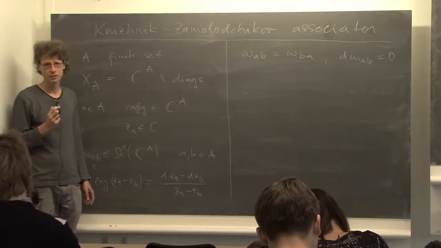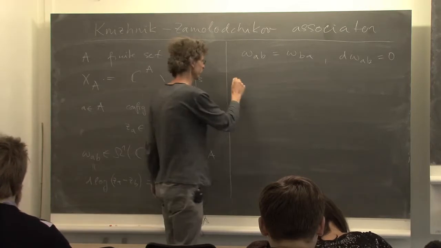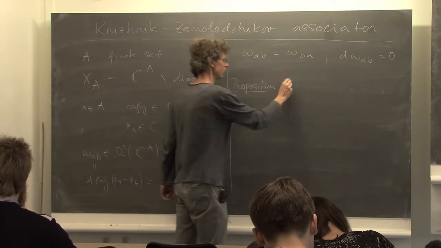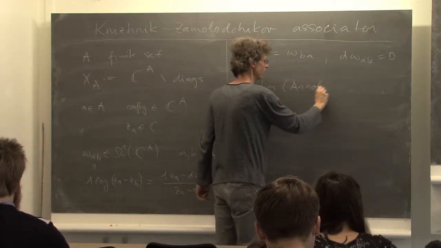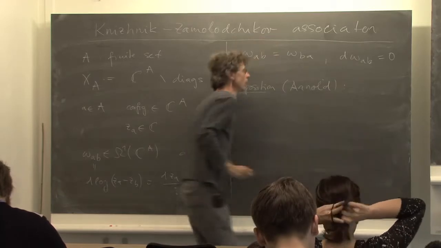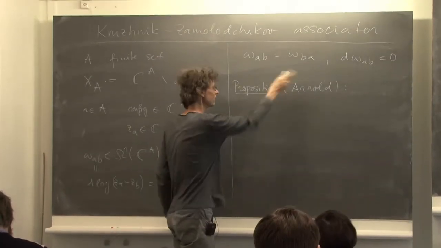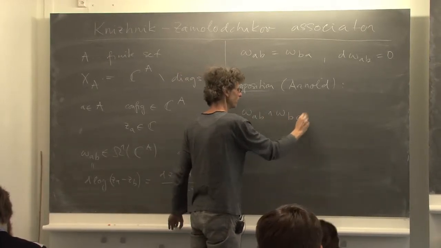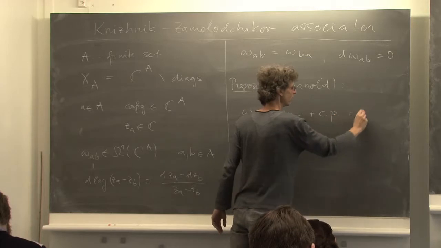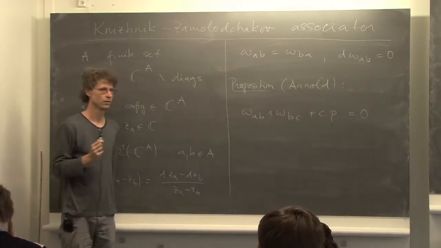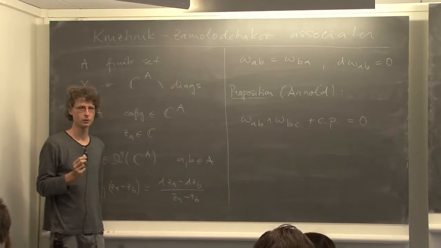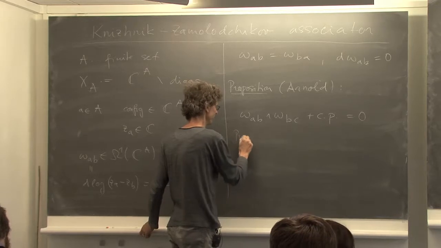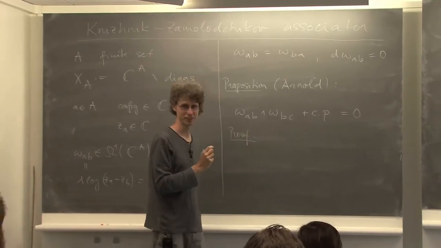And it satisfies one slightly less obvious relation, which will therefore be a proposition, due to Arnold, which says that omega_AB wedge omega_BC plus cyclic permutations is equal to 0. And how does one prove it? One just plugs it in and computes it. In other words, it's an exercise.